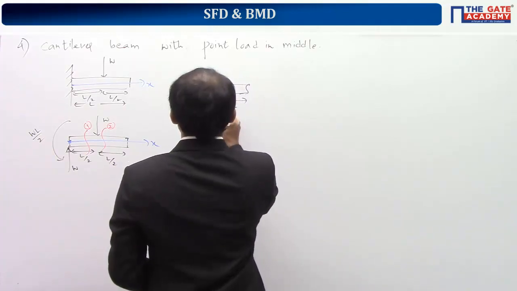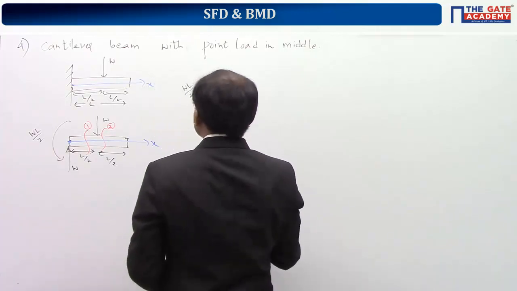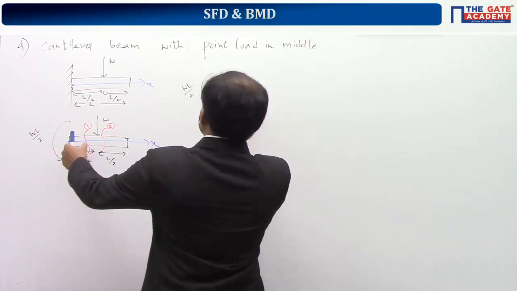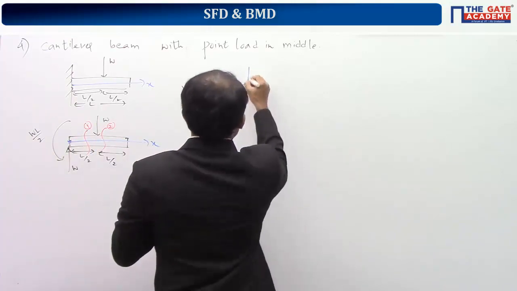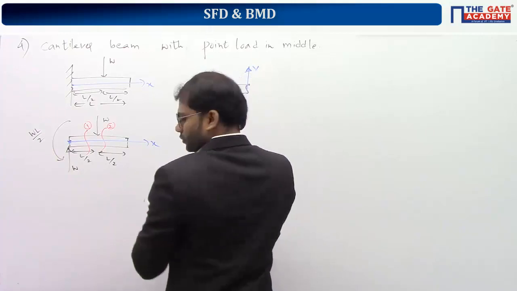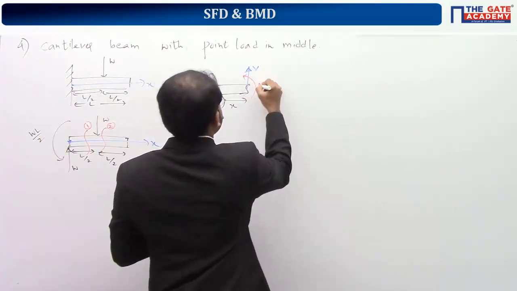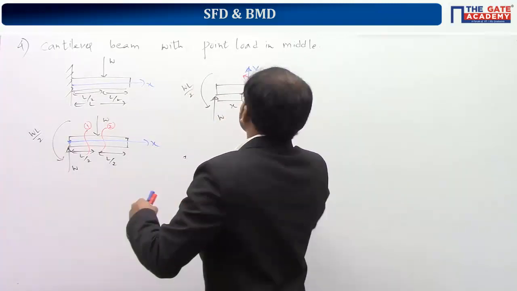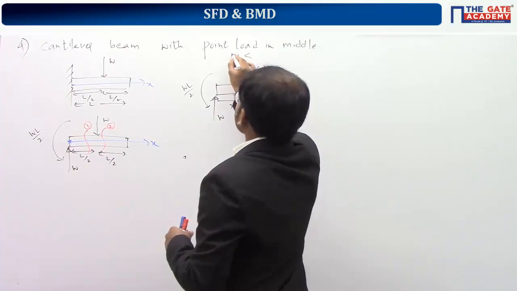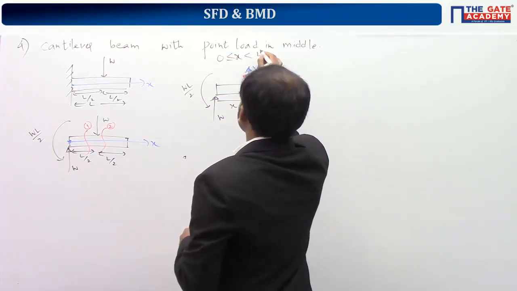It has a point load W, and here there is W L by 2. Now we have to take shear force upside and bending moment in anti-clockwise sense. So for this one, the range of x includes 0 and does not include L by 2.